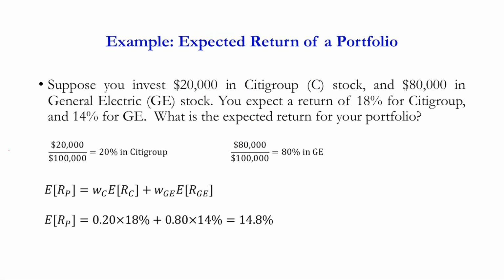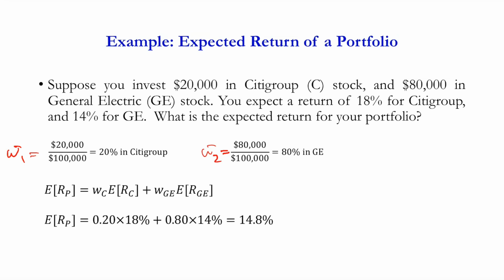What is the expected return for your portfolio? So first of all, W1 would be equal to 20,000 divided by 100,000, which is the total value of our portfolio. So the weight on Citigroup is 20% and the weight on GE is 80%.